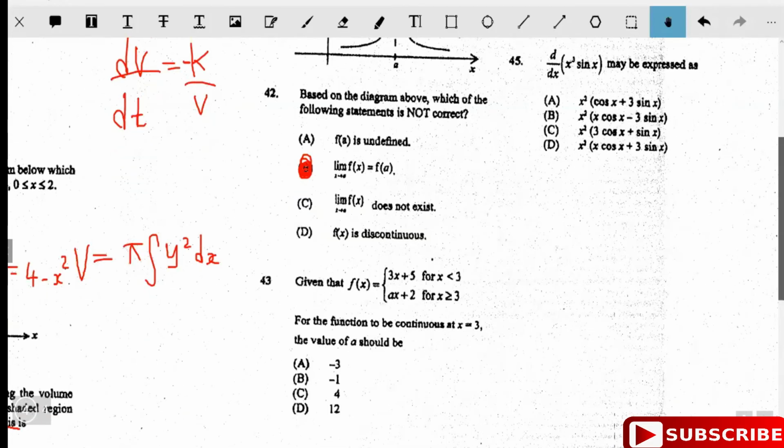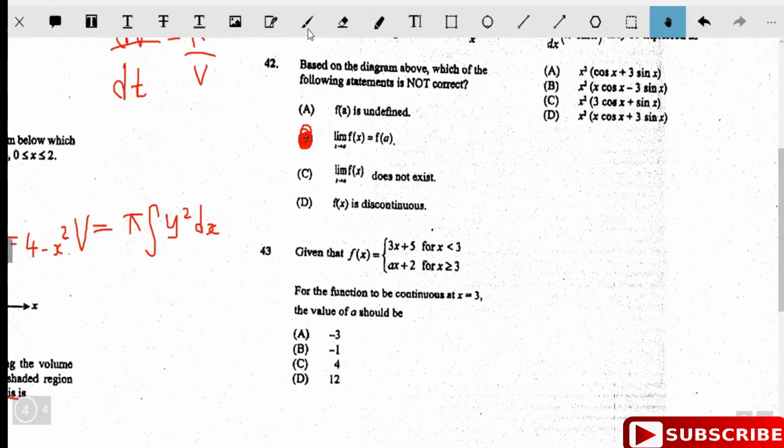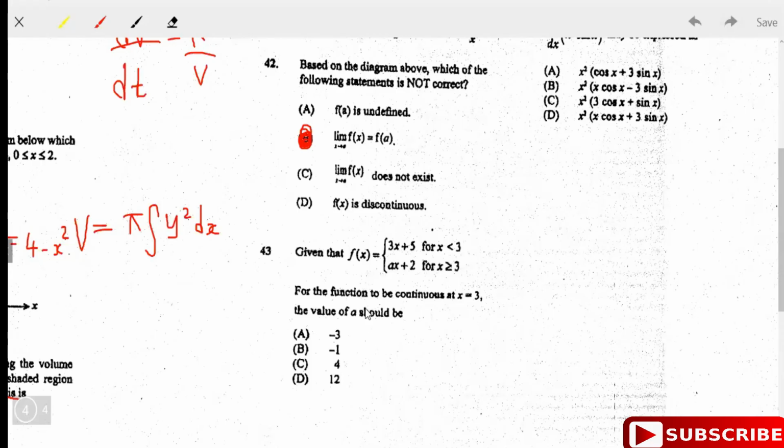Question 43. This is also a repeat question. So what's question 43? It's 4. So all you have to do is that since it is continuous, they said given that f of x is continuous at x equal to 3, then that means that 3 times 3 plus 5 is equal to a times 3 plus 2.